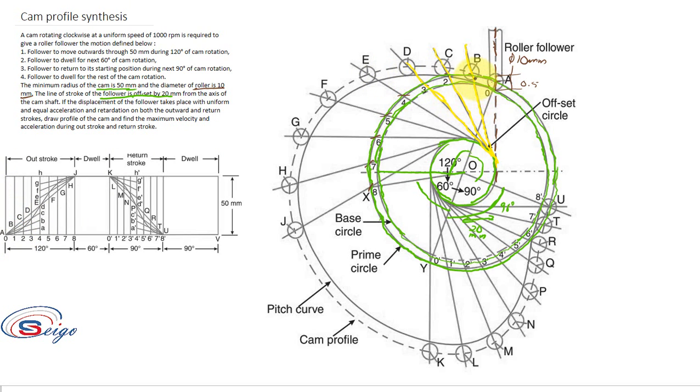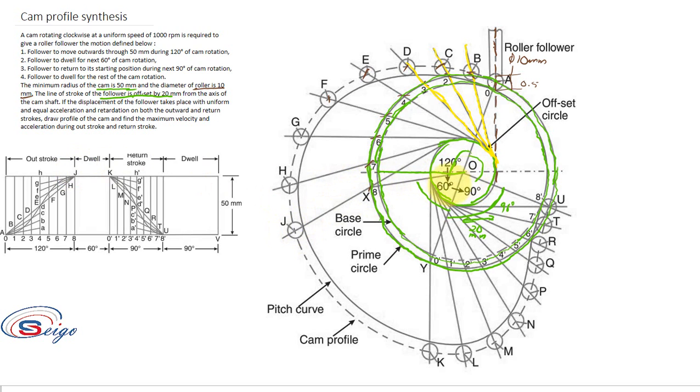Then from point 1 you have to cut an arc for getting the point B. Then take 2C, place your compass at 2 and mark the point C. Measure 3D, place your compass at point 3 and mark D. Similarly 4E, 5F, 6G, 7H, 8J.